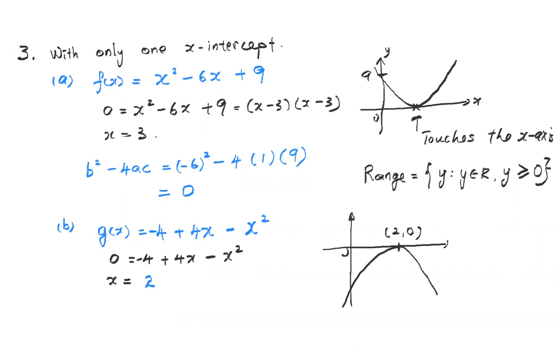And in this case, the b squared minus 4ac, the b is -4, your a is -1, your c is -4. This is your a, this is your b, and this is the c. Clear? Okay, so I also get 0. So second situation.